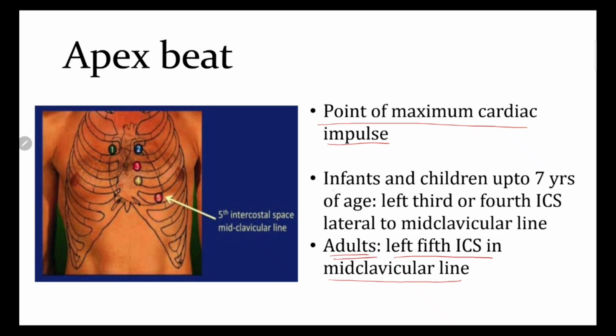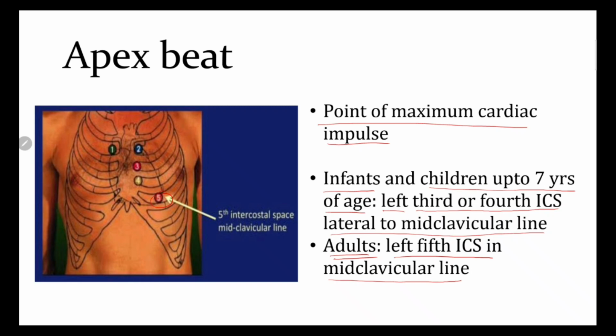But in infants and in children up to 7 years of age, the heart is positioned more horizontally, so that the apex of the heart lies in the third or fourth left intercostal space, and consequently the apex beat is felt in the third or fourth intercostal space just lateral to the mid-clavicular line.